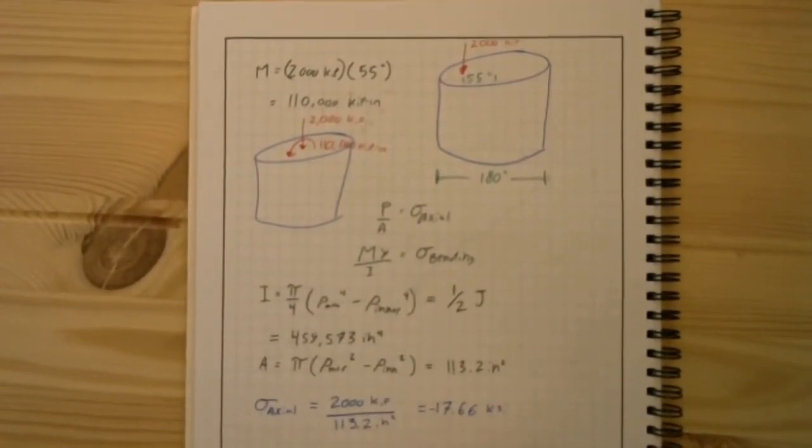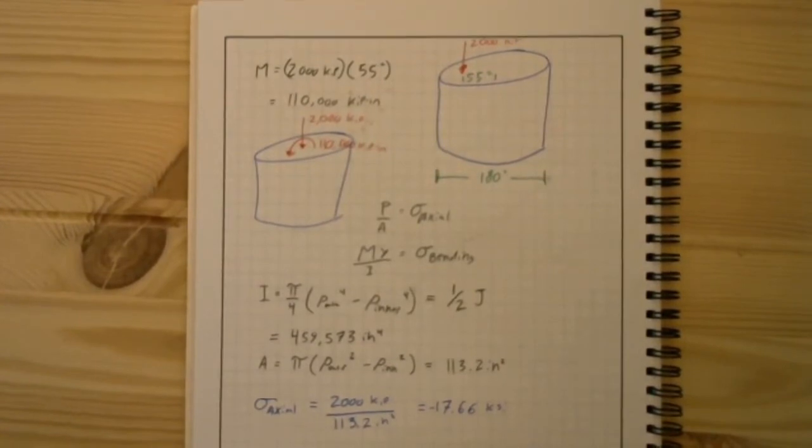Anyway, our maximum compression is going to be equal to 17.66 KSI plus, because we're just going to add up all of the compressive loads, 21.6 KSI, which is going to give us 39.25 KSI. That's our maximum compression, so negative 40-ish KSI if you like.